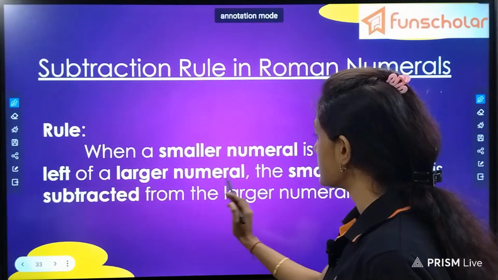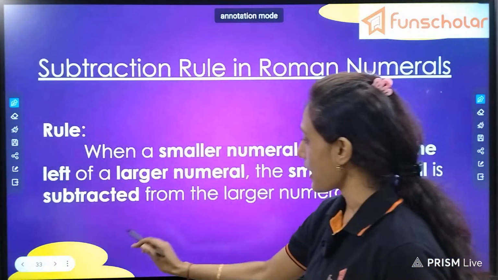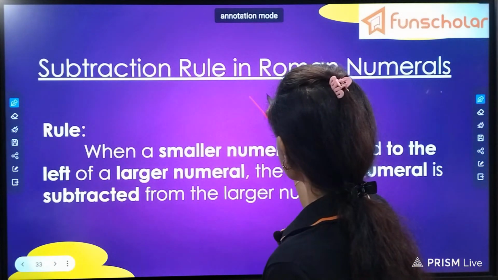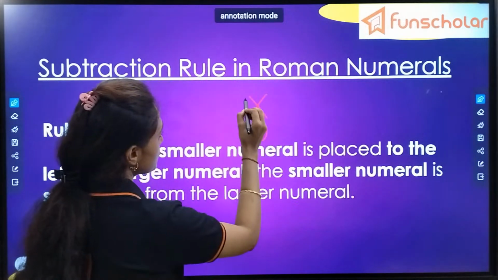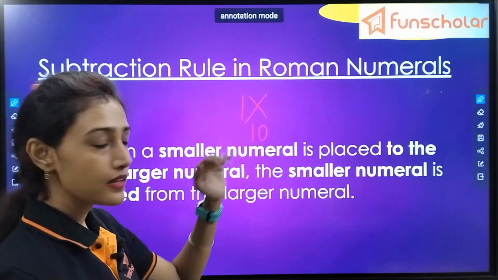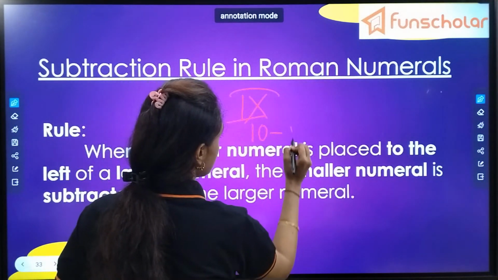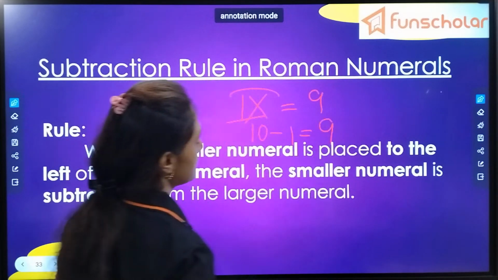Left of the larger numeral, the smaller numeral is subtracted from the larger numeral. So if I write X, this represents 10. And if I put a smaller numeral, that is 1 or I, on the left side, then what does it become? 10 minus 1 equal to 9.